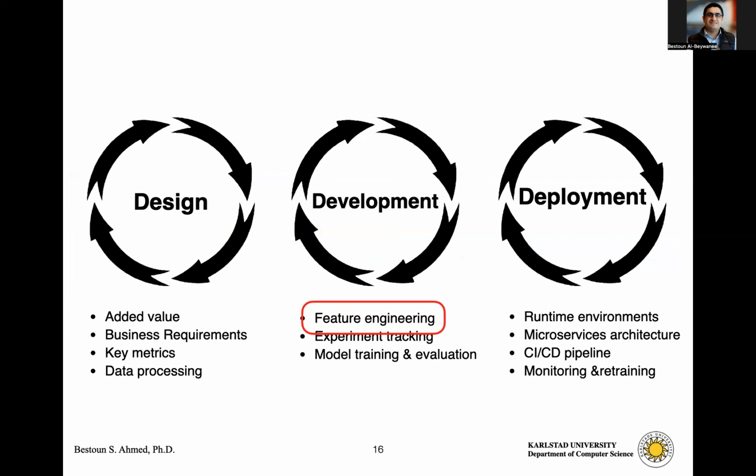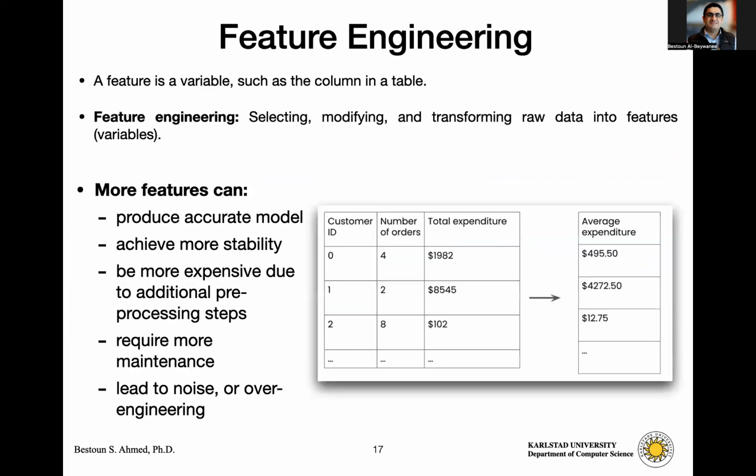The next phase is the development phase. During the development phase, we have several things to be considered. For example, feature engineering. In machine learning and data science, we make a lot of decisions about feature engineering. Feature engineering is selecting, modifying and transforming raw data into new features, or new variables, new meaning variables.